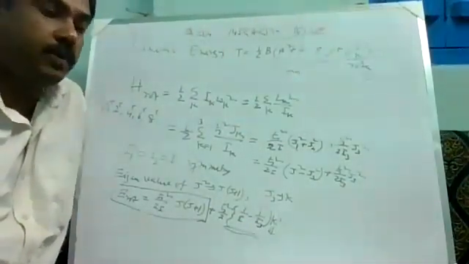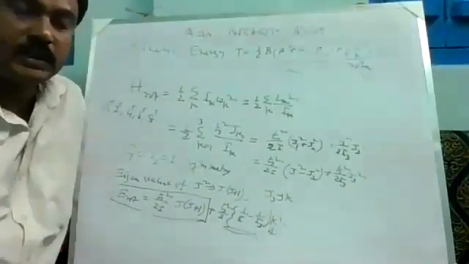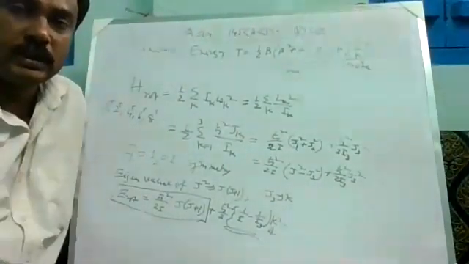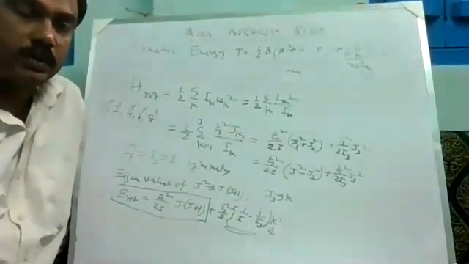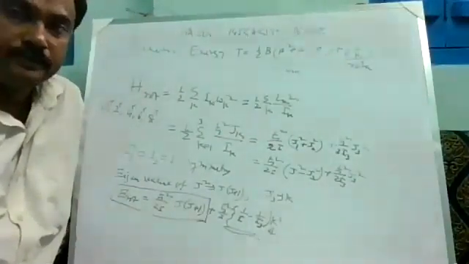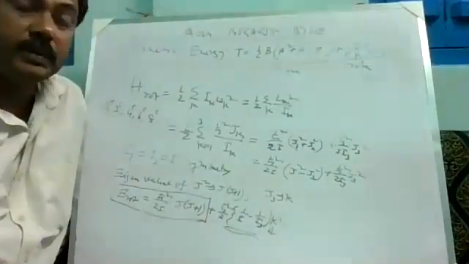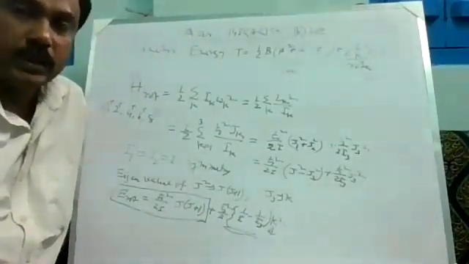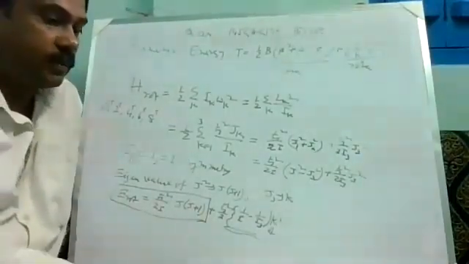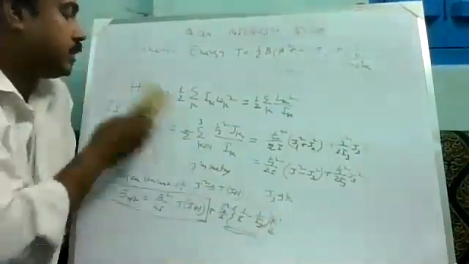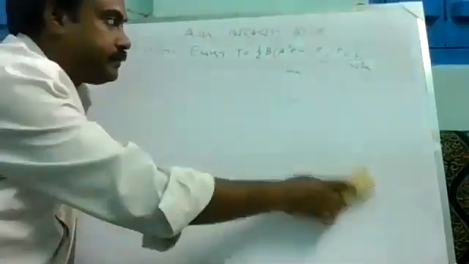That means 0 plus, then the next excited is 2 plus, then 4 plus, then 6 plus, and so on. We are not getting the odd ones, that means 1 plus, 1 minus, or 3 minus.